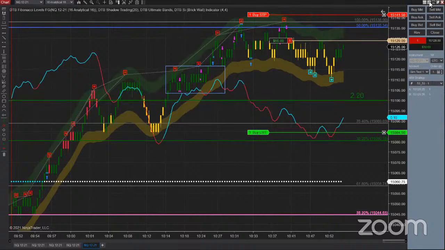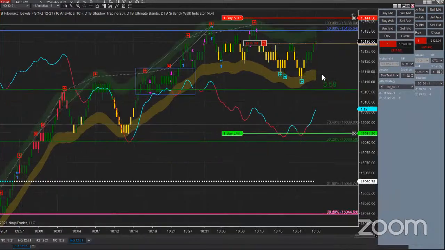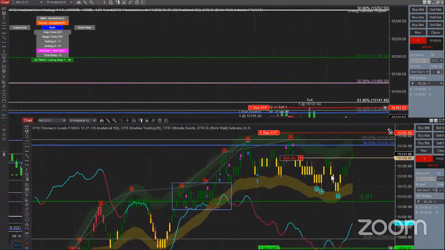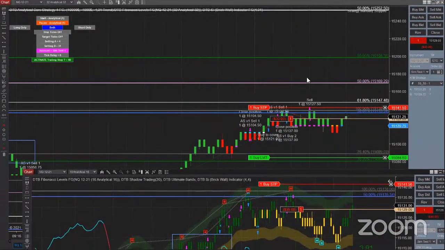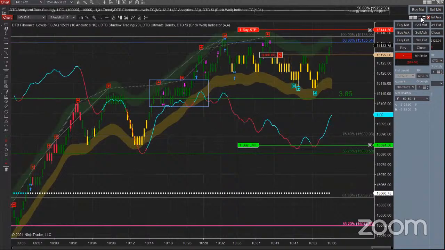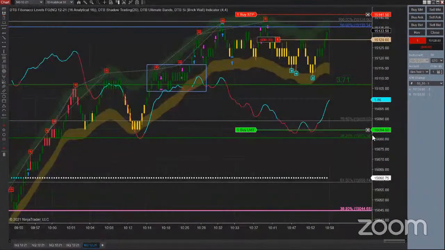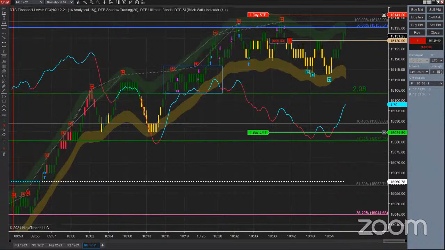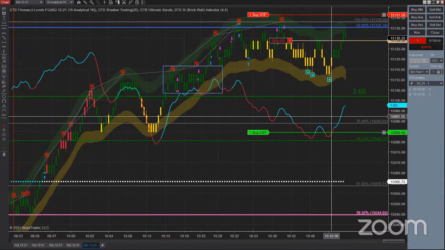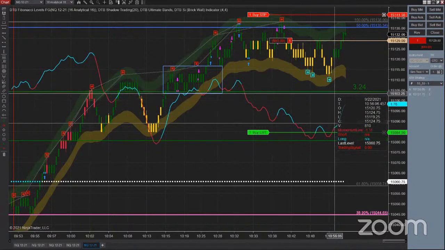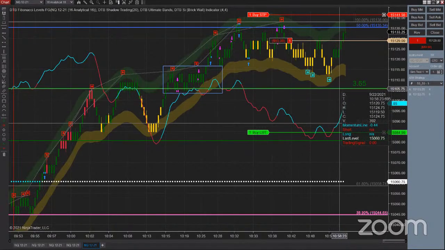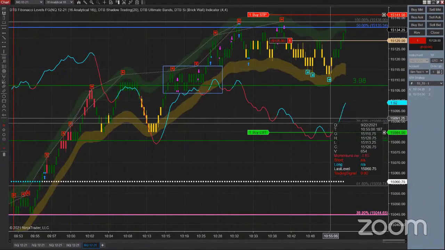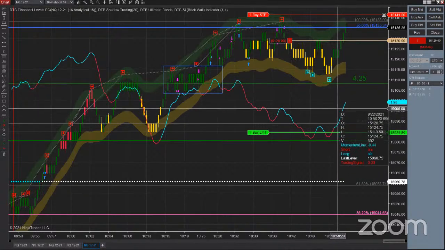I still got the strategy running, haven't I? Let me just check. Back to that 50%. So it's given us a heads up even before that price rose up, that this momentum line has changed direction.